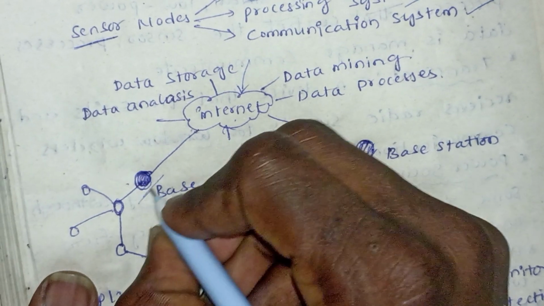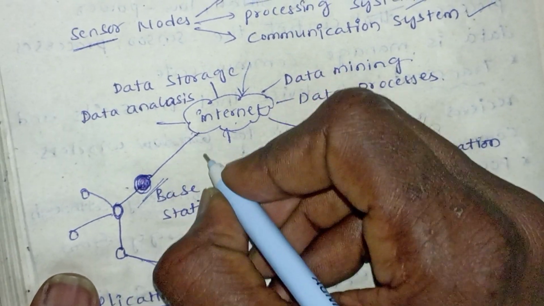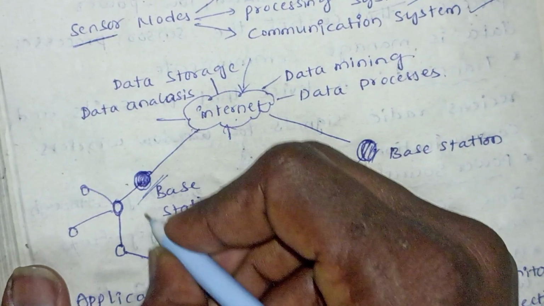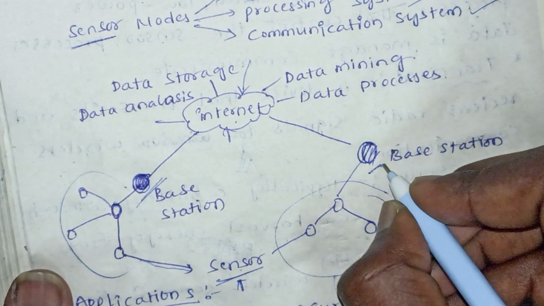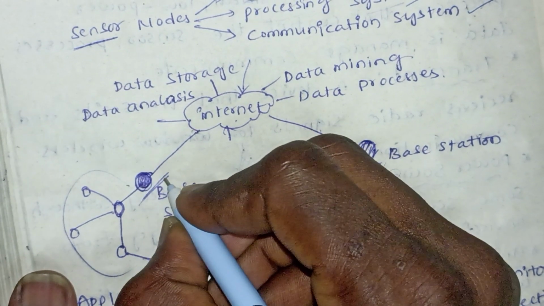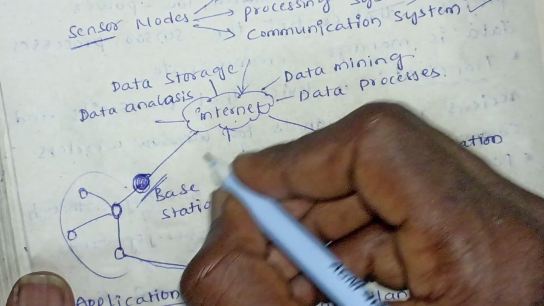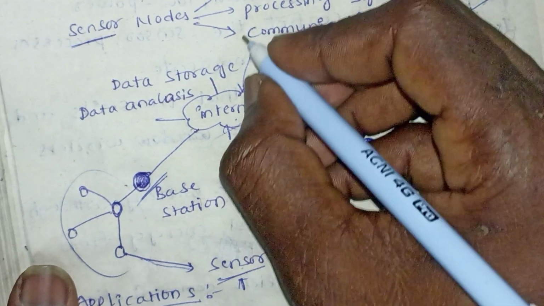The base station can act as an intermediate between the sensor nodes and the internet, which helps the user. These are the sensor nodes, and this is the base station.